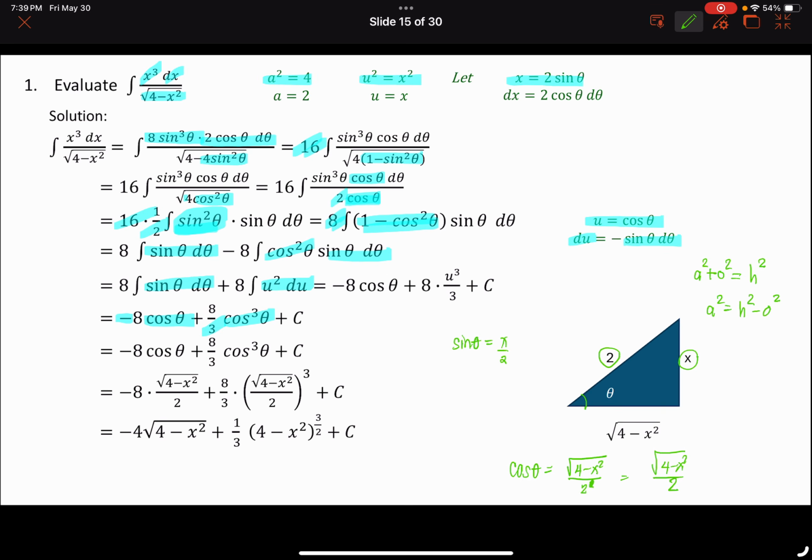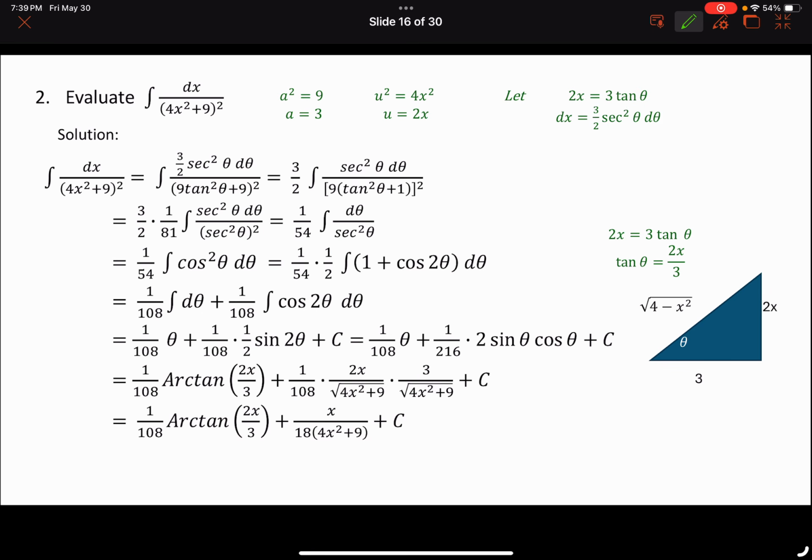So plugging it in, we have cosine theta is the square root of 4 minus x squared over 2. And thus, for our final answer, applying some simplification, 8 over 2 is 4, raised to 3 and then square root, so that would be raised to 3 over 2.